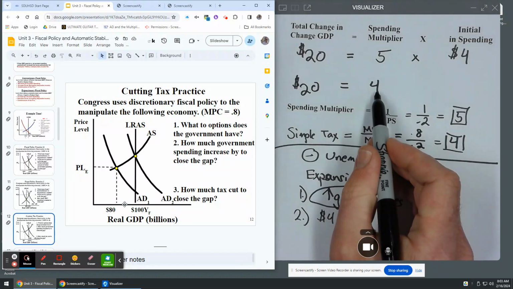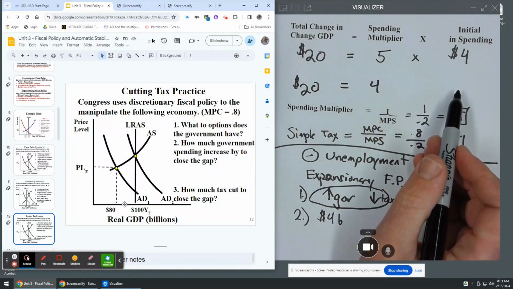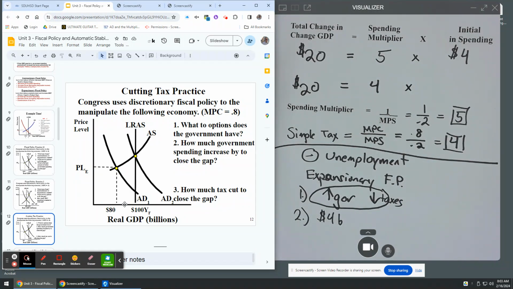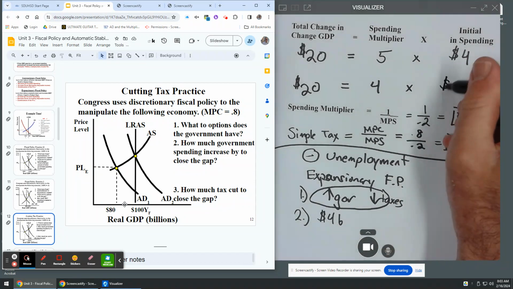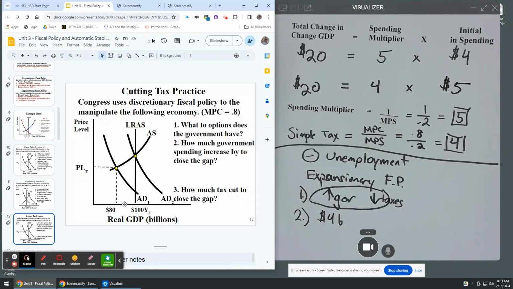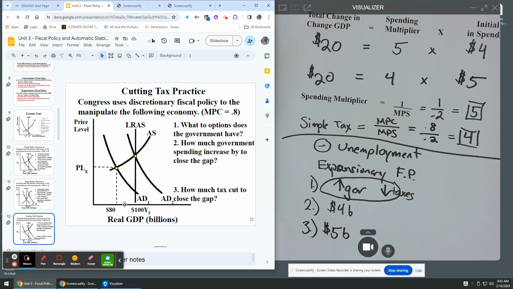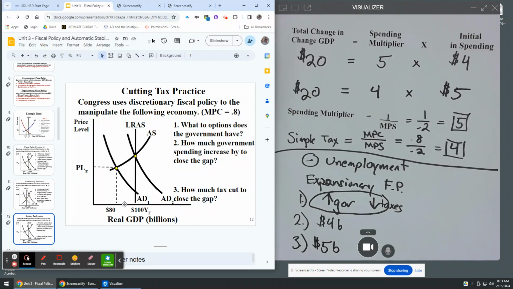The multiplier is smaller, so there's going to have to be a larger change in taxes. In this case, I'd say, all right, how much do taxes need to be cut by? Taxes need to be cut by $5 billion. So in this case, my answer is $5 billion. So we approach it from two ways, spending and taxes on that one.